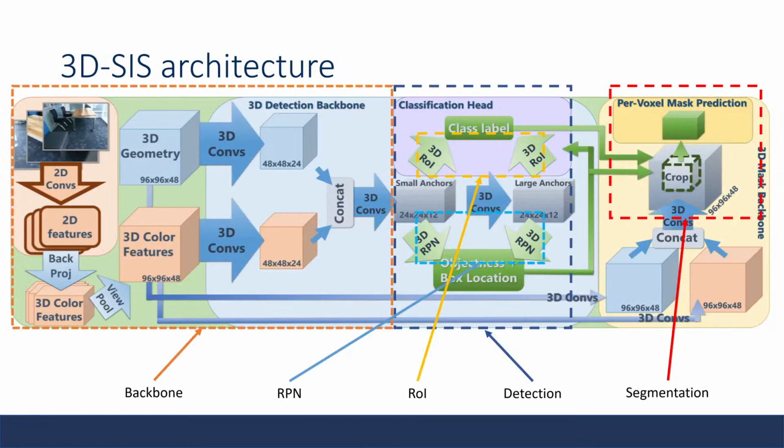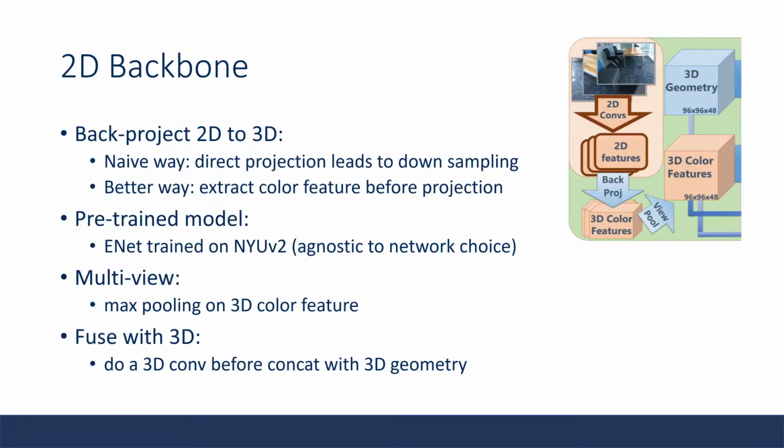Here is the 3D-SIS architecture. As you can see, it still has the same 5 components, yet each is changed to adapt to the 3D use case. For the 2D backbone, the major problem to solve is how to project the 2D color to 3D geometry.